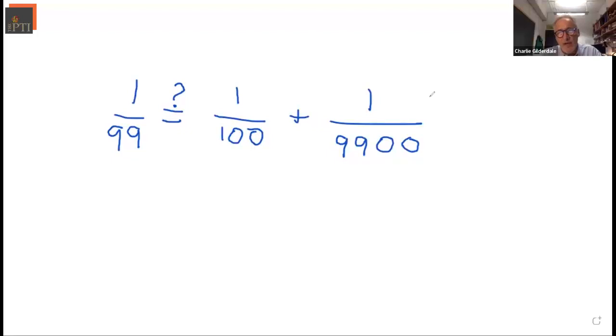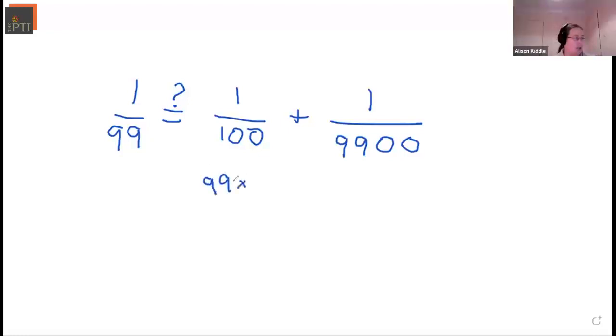I would take everything to the right-hand side of the equal sign and turn both fractions to a common denominator, so 9,900 as the common denominator. So I'd multiply top and bottom of 1 over 100 by 99.